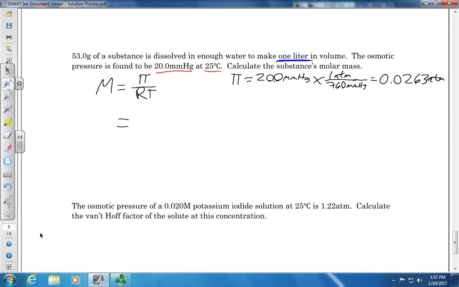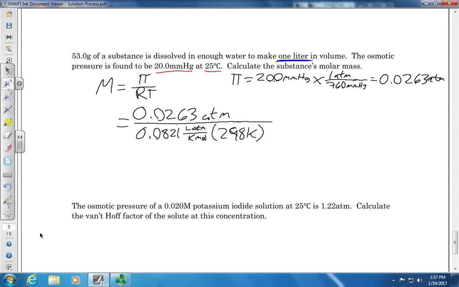So overall, we're going to plug in our information. 0.0263 atmospheres divided by 0.0821 liter atmospheres per Kelvin mole times 298 Kelvin gives us a molarity of 1.07 times 10 to the minus 3 molar.